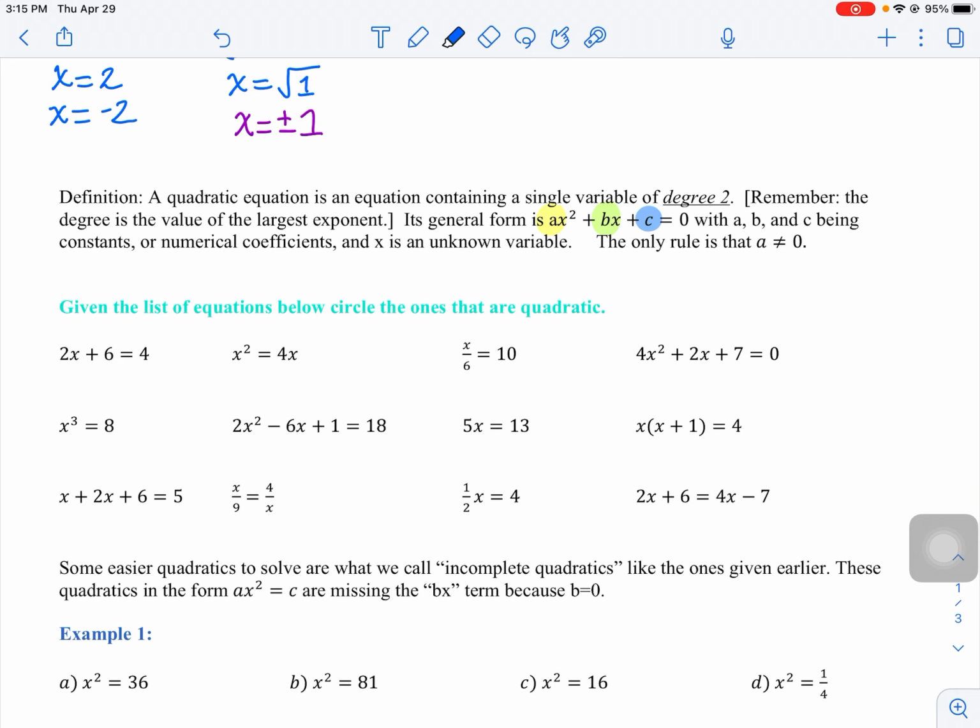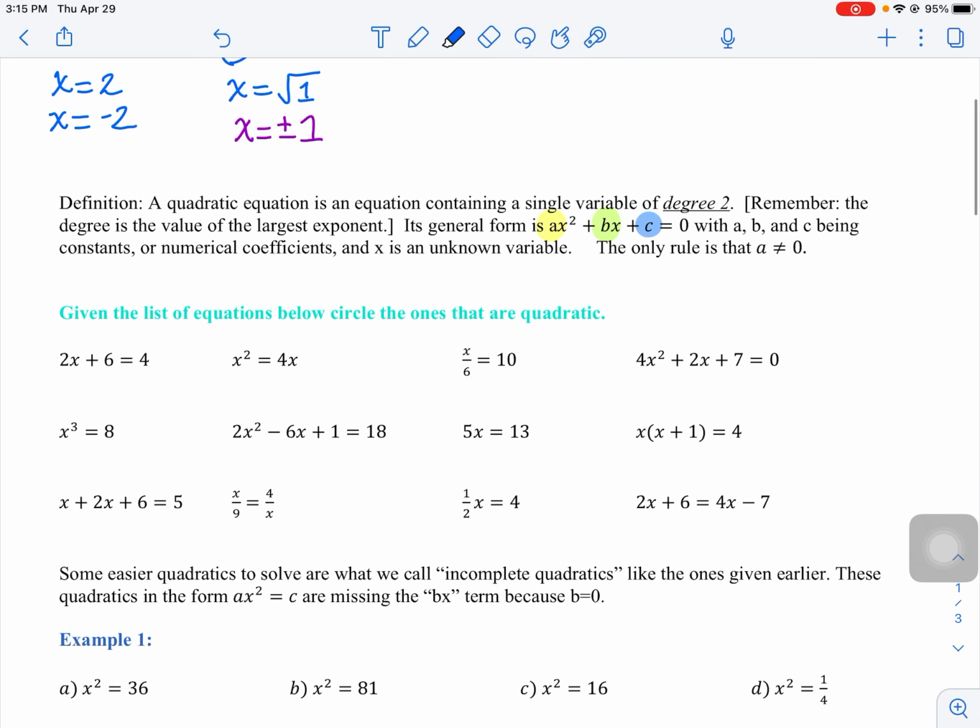When you're looking at it and thinking about it, I would say to pay special attention to this one, because once you distribute, you'll have an x squared, right? And pay attention to this one, because once you cross multiply, you'll have an x squared. And you'll be able to see the answers to that in my answer key, which I will post at the end of the day tomorrow.